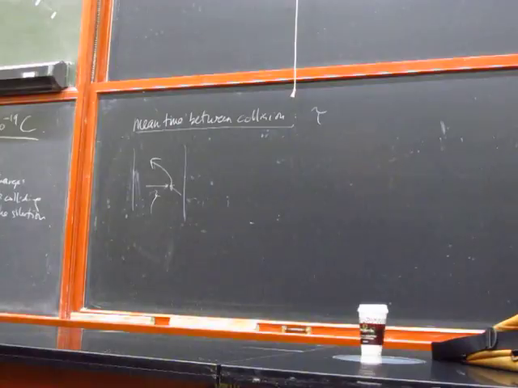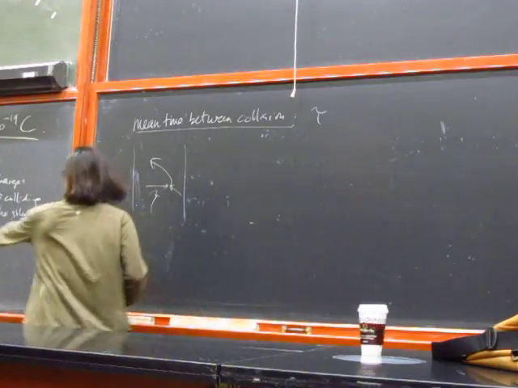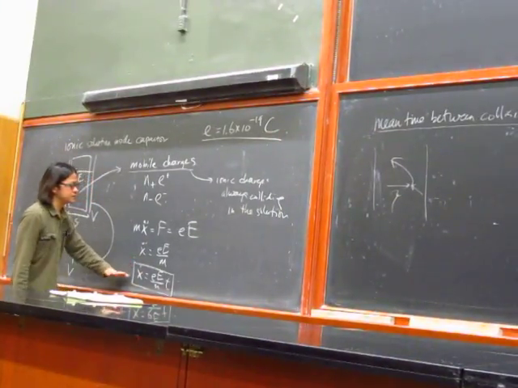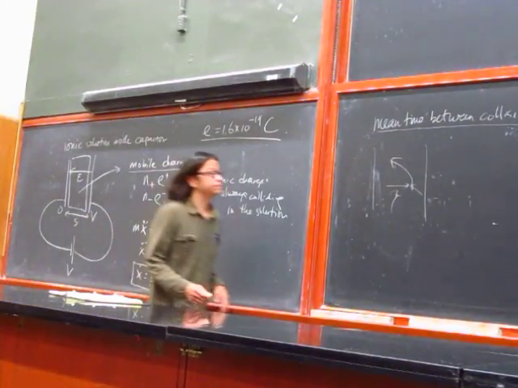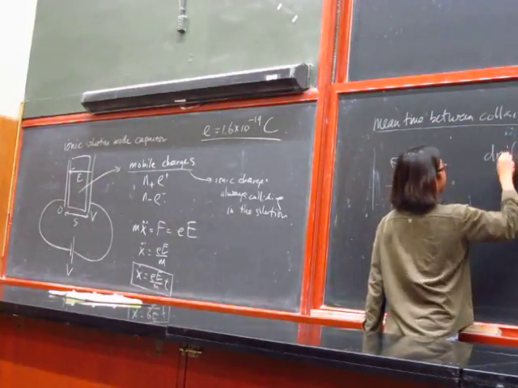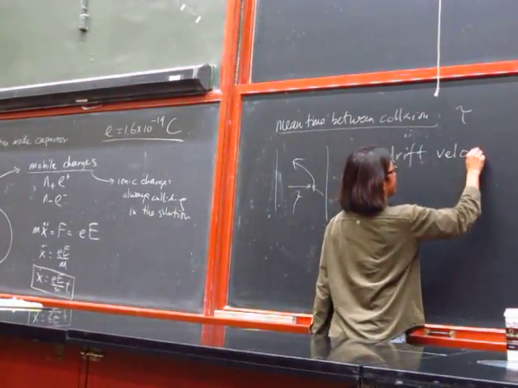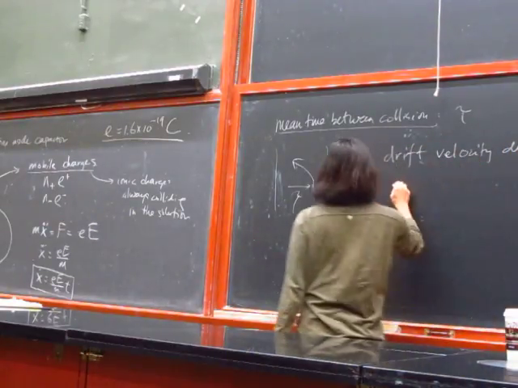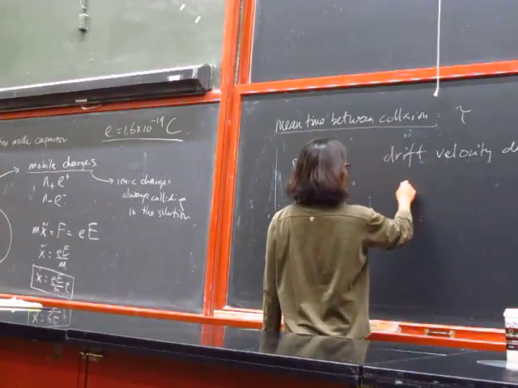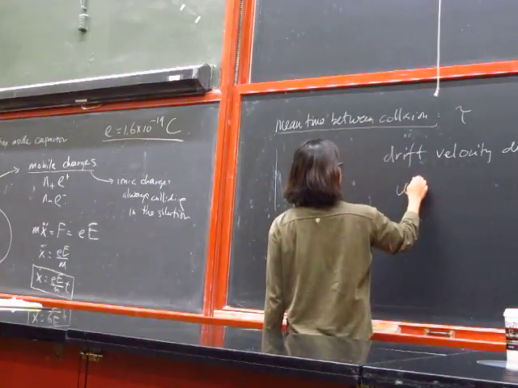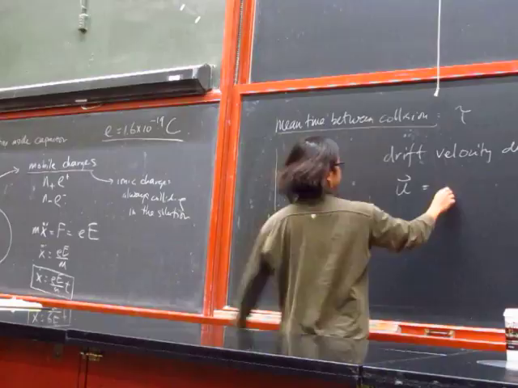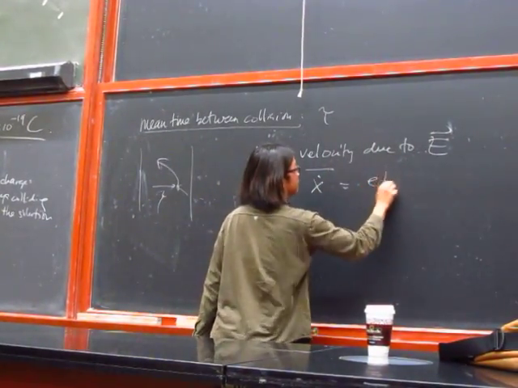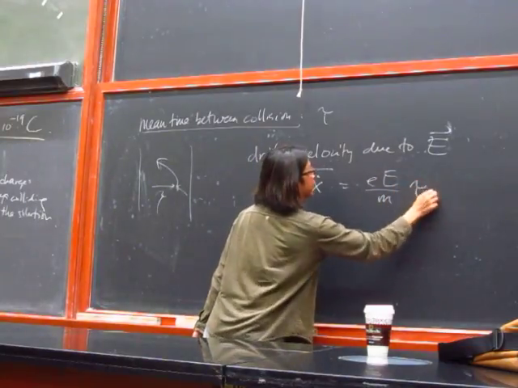So on average, the drift velocity due to the electric field, call it u, is just the average of x dot. And it's just e times E over m times tau.